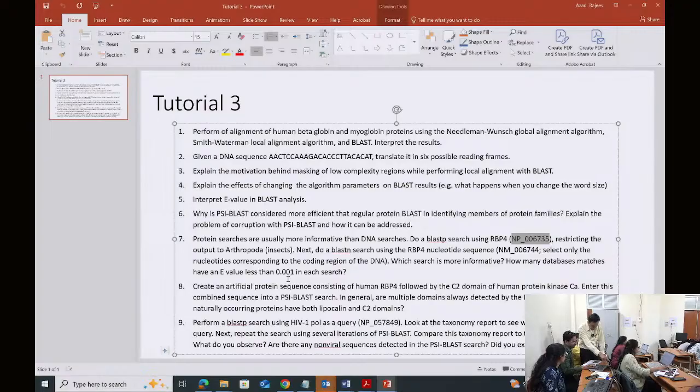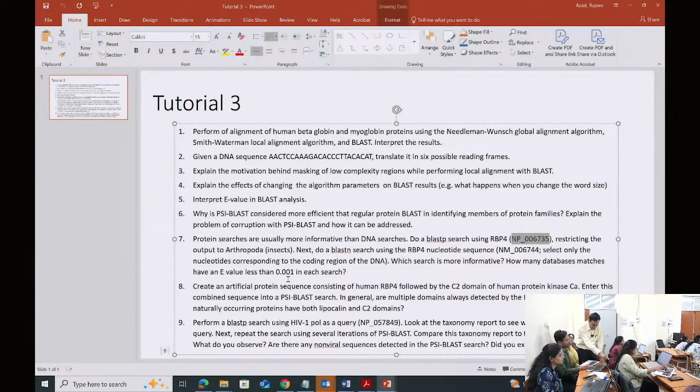Nucleotide. No, this is protein actually. So yeah, you cannot have this is protein actually. You cannot do blastn for protein, and blastn is only for nucleotide. That's why it failed. So, but first do the protein blast. So select blast P actually, as question is saying, and then this is good, and then go down.